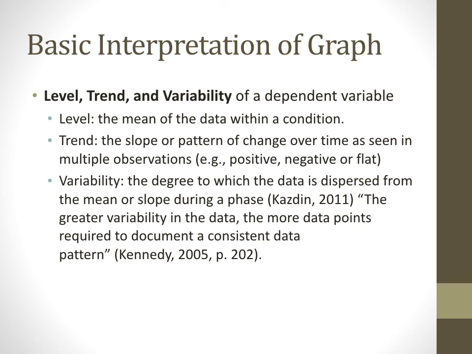So you will analyze the trends within a condition, baseline condition and intervention condition. Variability is the degree to which the data is dispersed from the mean or slope during a phase. So you will see how much the data is fluctuating within a baseline, within an intervention phase.